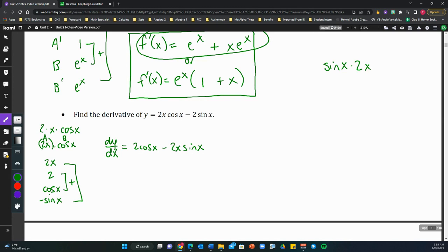Anytime that we write trig functions being multiplied by other types of functions, when you write that other type of function as a factor after the argument of the trig function, this can be very misleading and easily misinterpreted as this 2x being a part of the argument of the trig function, which is not the case.